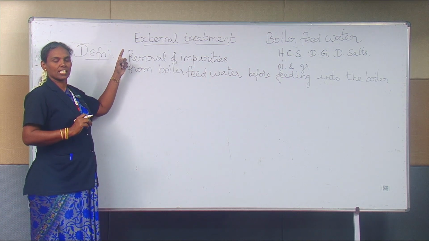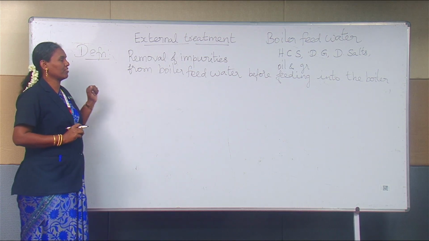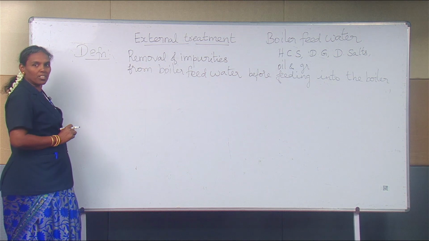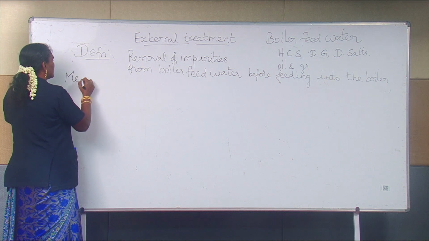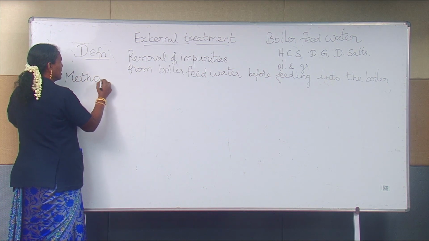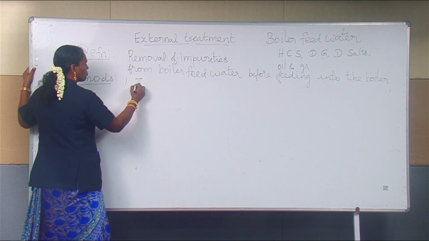Suppose the question is asked as a detailed answer. First of all, you have to write the definition. Then next, you have to write the methods we have. There are 2 external treatment methods. The first method is the zeolite process.